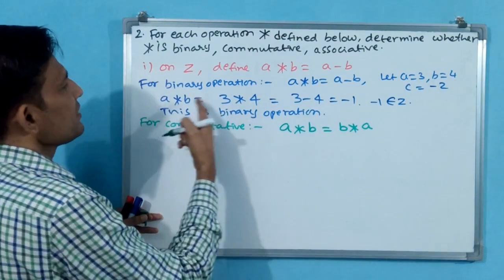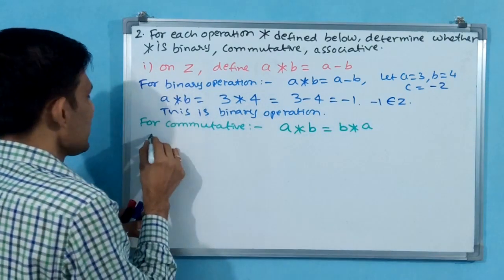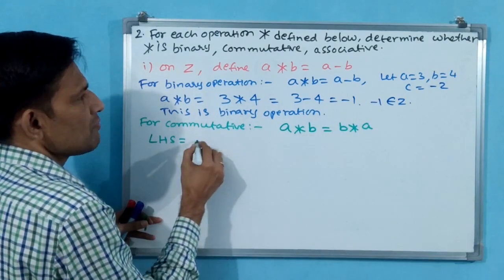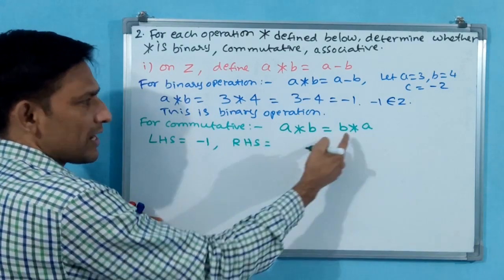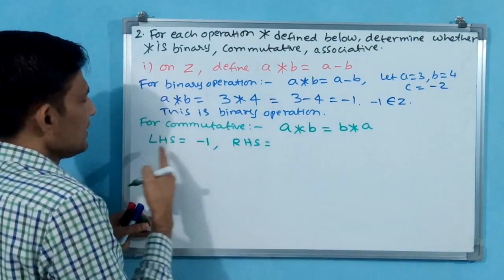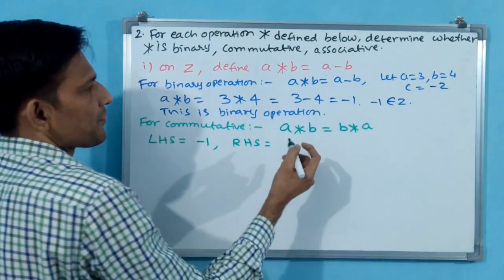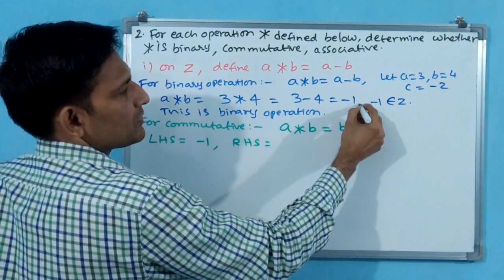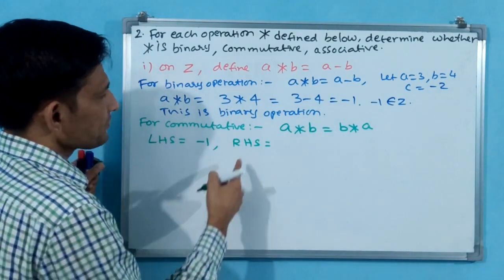But LHS we already know: A star B, 3 star 4, is minus 1. You write LHS is equal to minus 1. You do RHS only, B star A, because A star B we already know, minus 1. Like that you have to write.